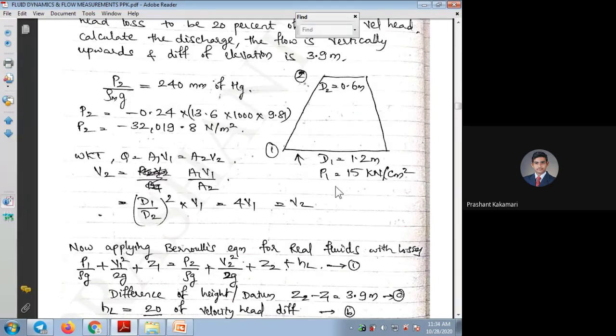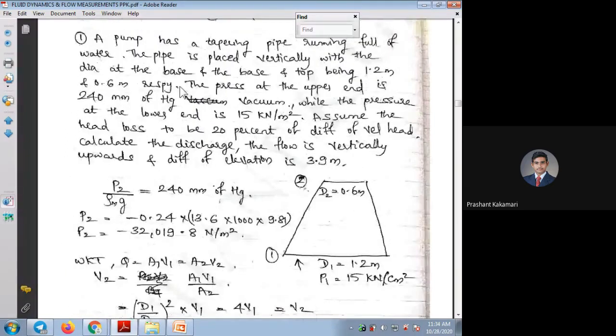Pressure at 1 is given as 15 kilonewton per centimeter square, since at the larger diameter the pressure is high. Pressure at the outlet side, the problem mentions vacuum, so we consider that. So it is vacuum pressure. So due to vacuum pressure, P2 by rho g is the pressure head.